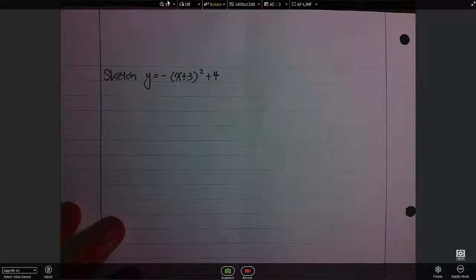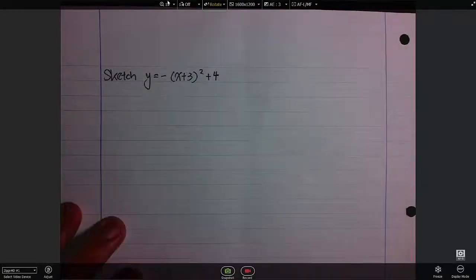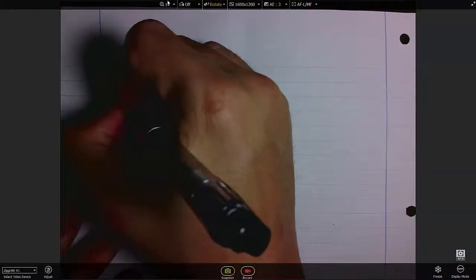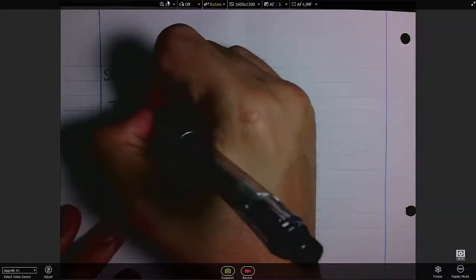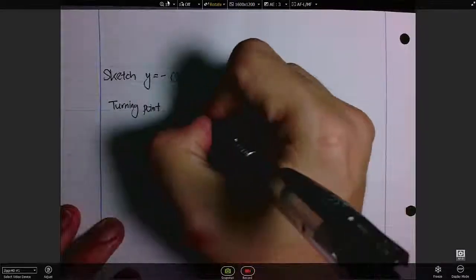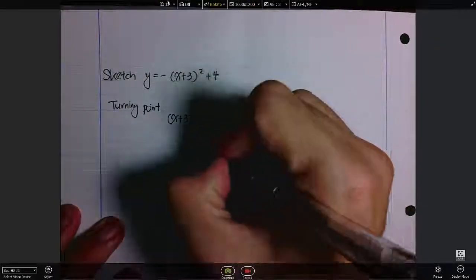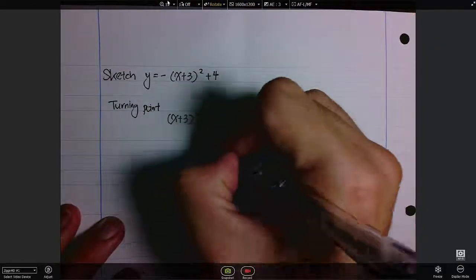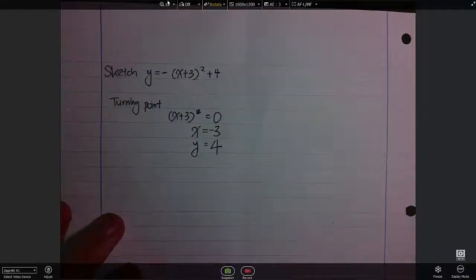First, just ignore the negative sign. Later on I'll tell you what to do with it. For my turning point, I take x plus 3 equal to 0. Just ignore the sign, it's alright. x equals negative 3, and my y value is 4, just copy down.